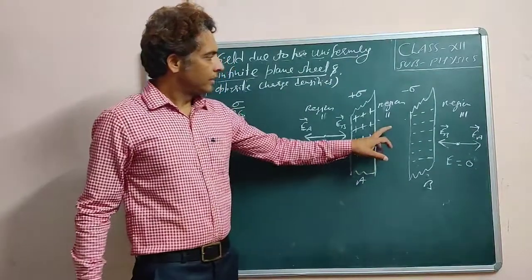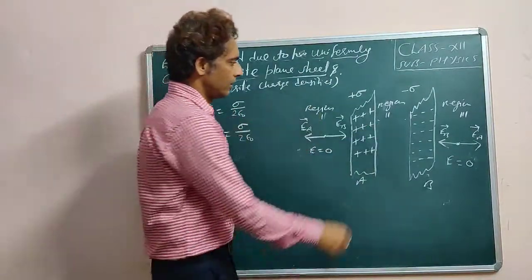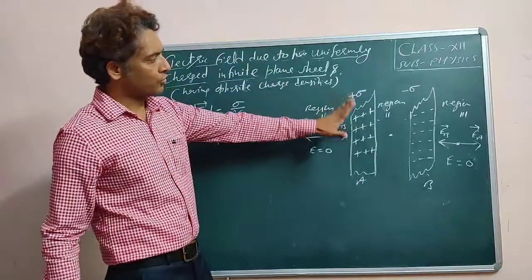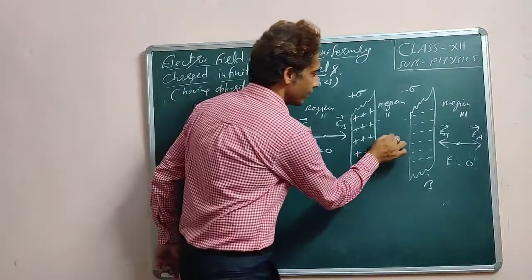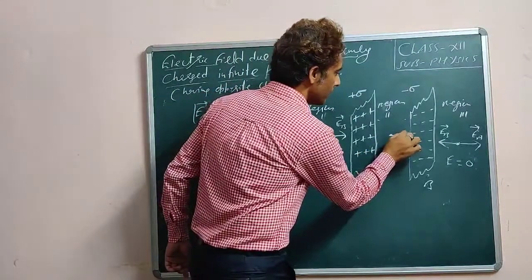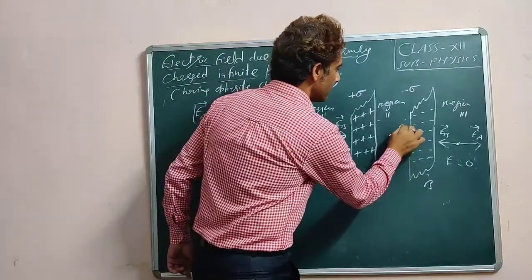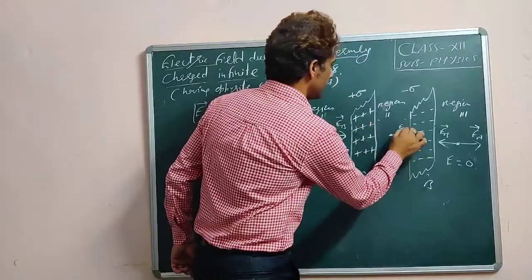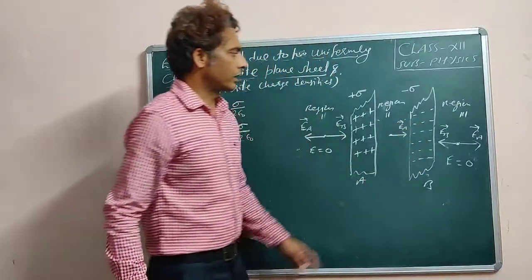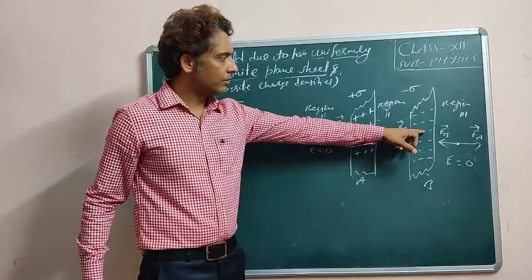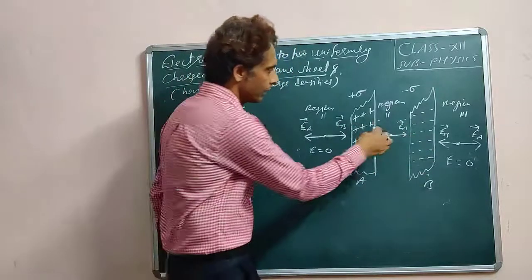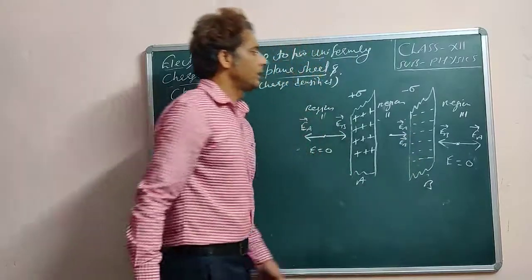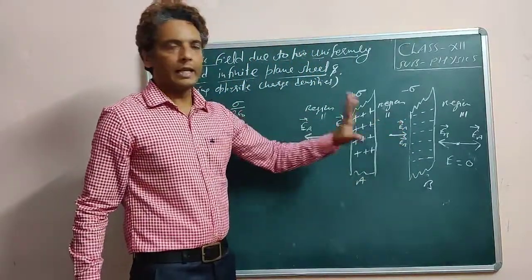Now if we see region 2 and consider this point, the electric field due to the positively charged sheet is away from the sheet. This is E A. The electric field due to the negatively charged sheet will be toward the sheet, which means it will also act toward this side. So both these fields will get added.